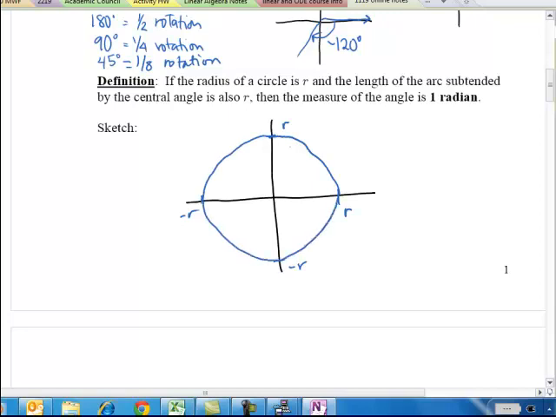If we take that length, r, that distance out from the center to the edge, that's the radius. And then we picture taking that same length and wrapping it around the edge of the circle.